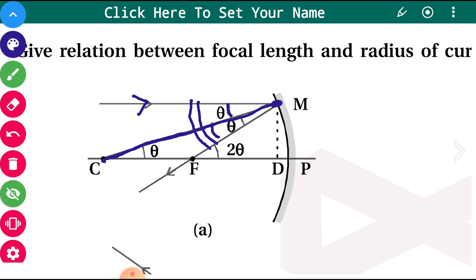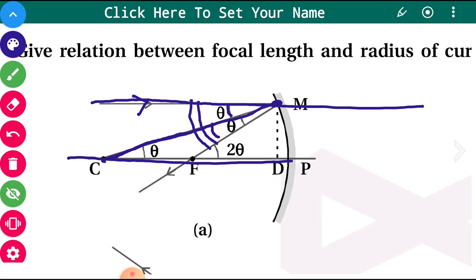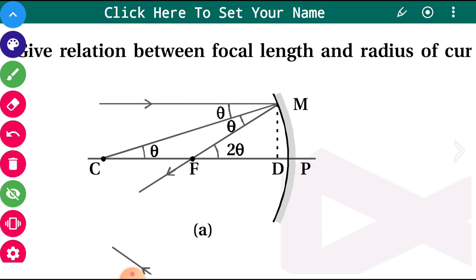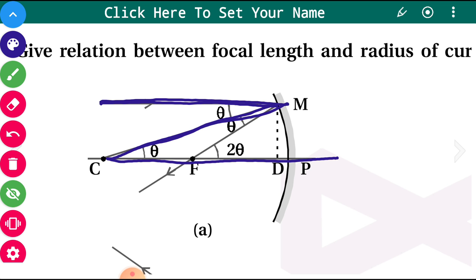Okay. Now as you know that these two lines are parallel to each other, and this becomes the transversal, and therefore these angles, try to understand this way, these angles are making a Z and they are alternate angles. Okay, so here the angle is theta, then this angle must be theta.